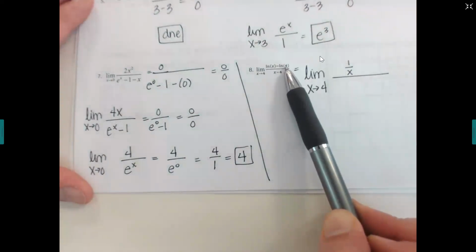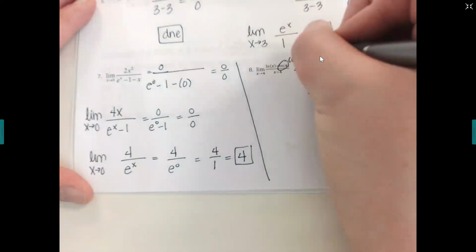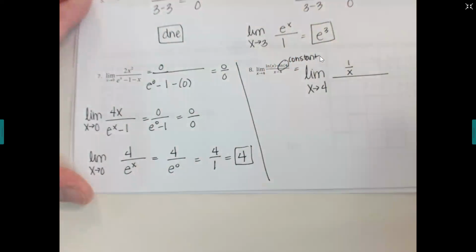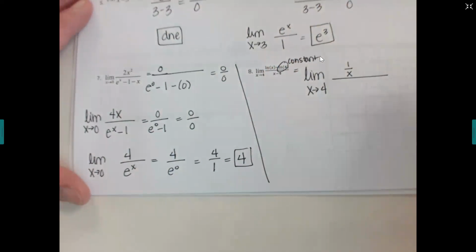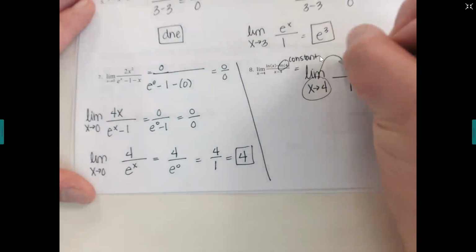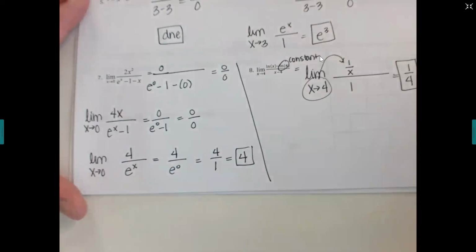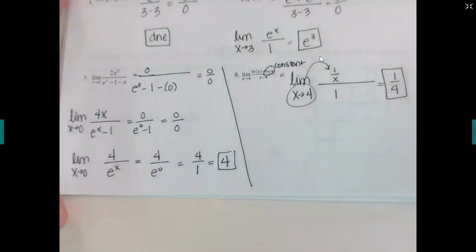What's the derivative of a constant? That's going to go to 0. So remember, if it doesn't have an x in it, that doesn't count as a function. It's a constant, so the derivative goes to 0. Okay, on the bottom, what's my derivative of x minus 4? Just a 1. And then I plug in x approaching 4, and what do we get? 1/4 over 1, which is 1/4. All good?